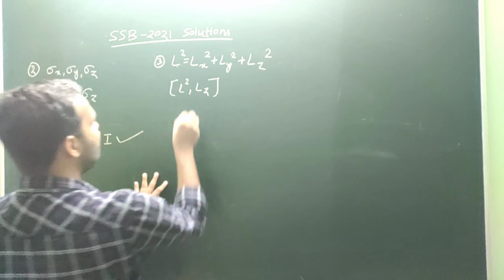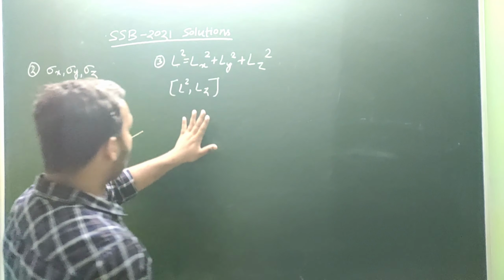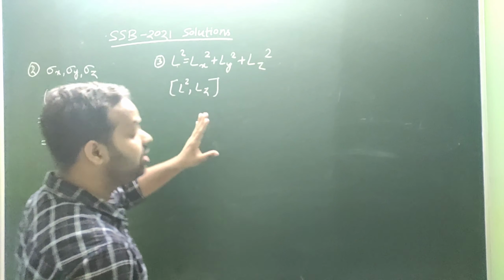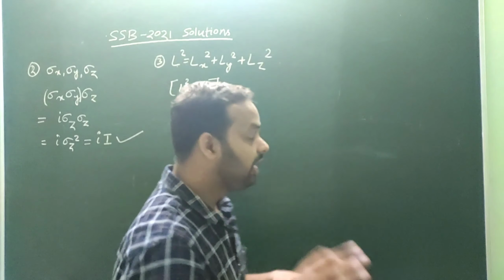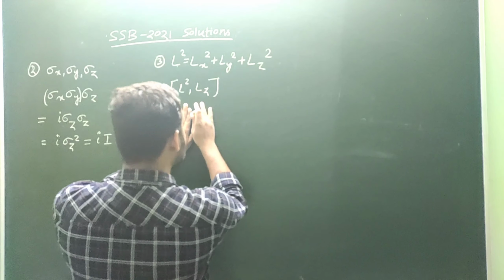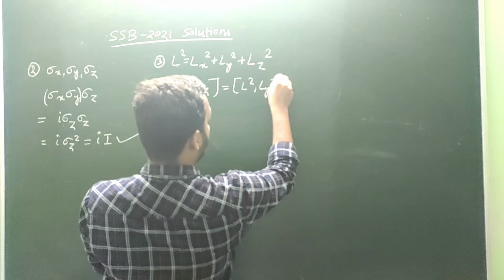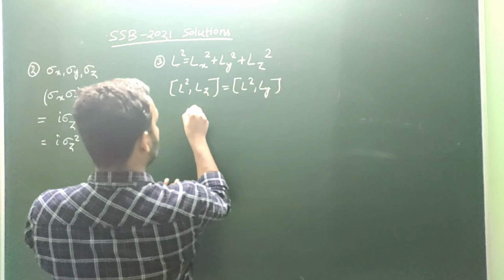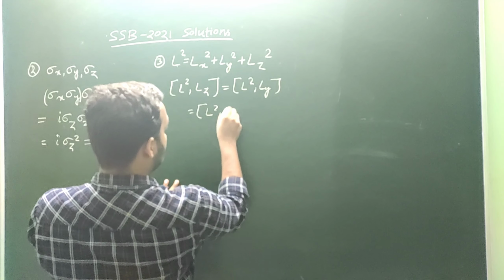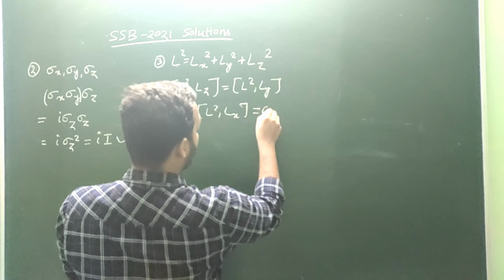And you know this is a very basic property. The commutator of L square with any component of L gives you 0. If you take this one, or this one, or this one, all these values give you 0.